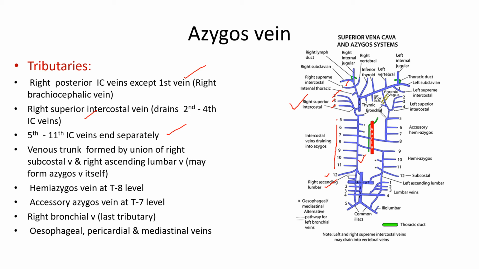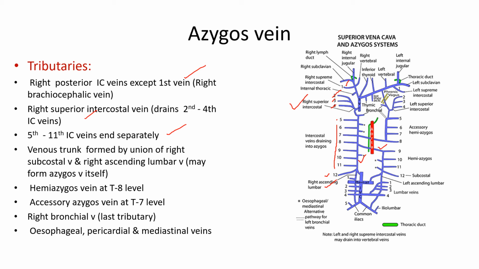So coming from the left side is the hemiazygos vein, which we will discuss a little later. So you can see the hemiazygos vein joining the azygos vein at the level of T8 vertebra.